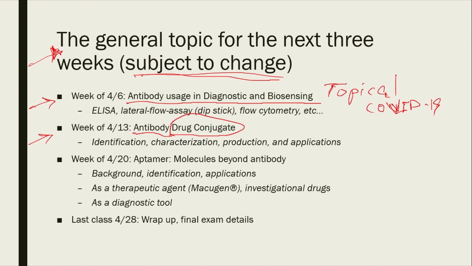What about when it is linked to a drug? What else can you do? We've been talking about the end result. In this biotechnology class, we'll talk about the concepts behind identifying, meaning screening, these particular antibodies, characterizing them, their production, as well as applications in fields such as cancer.